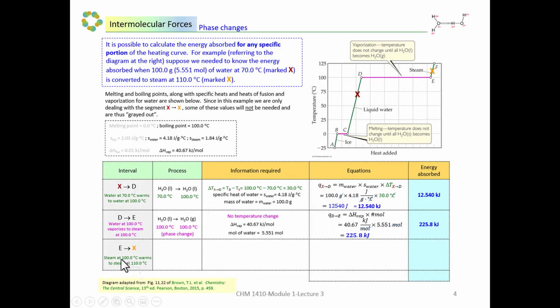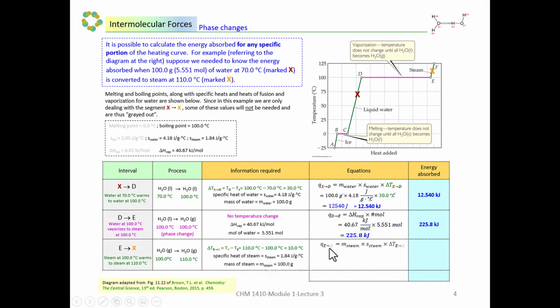For the final interval, we simply have water vapor being heated from 100 to 110, a 10-degree change. Here we'll need the specific heat of steam, and of course the mass of the steam.